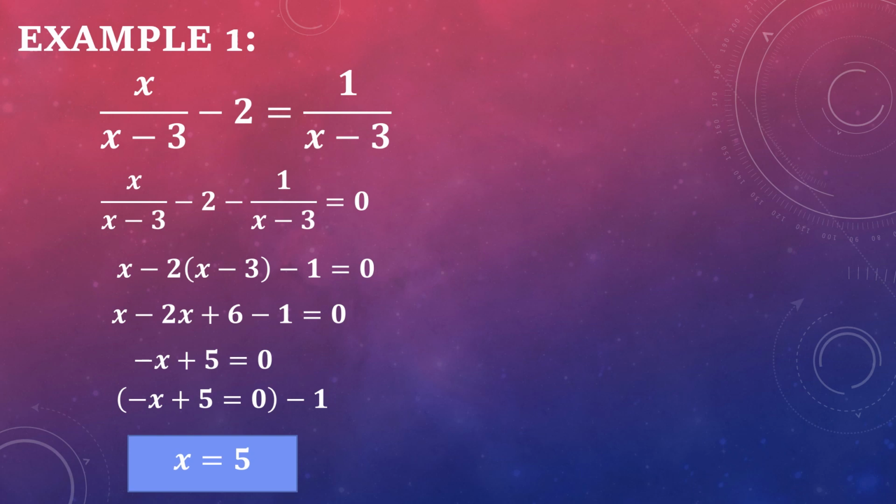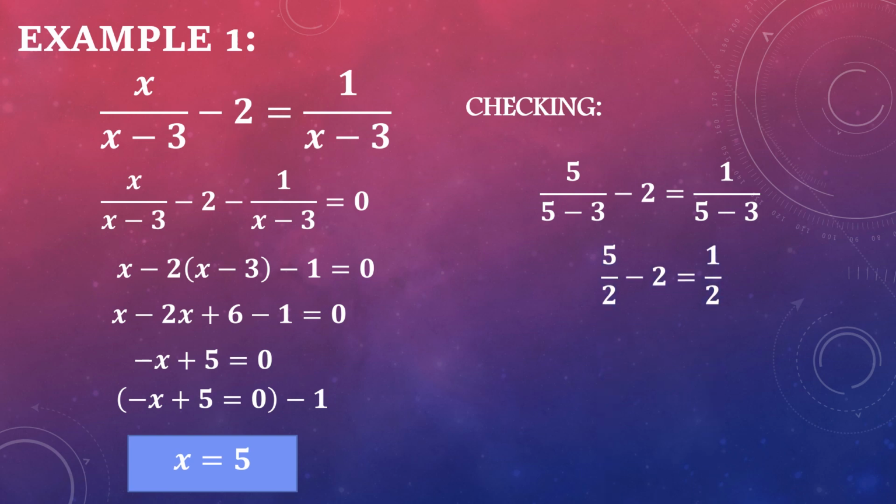So we have to check whether the given value for x, the answer 5, will satisfy the original equation. We substitute x equals 5 into the original equation. We have 5 over 5 minus 3 minus 2, which is equal to 1 over 5 minus 3. Then, on the denominator, we have 5 minus 3, which is 2. And on the other side of our equation, it's the same: 5 minus 3, which is equal to 2.